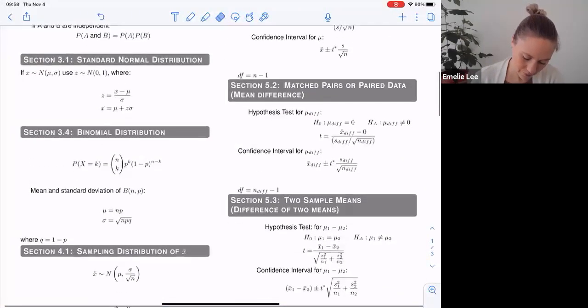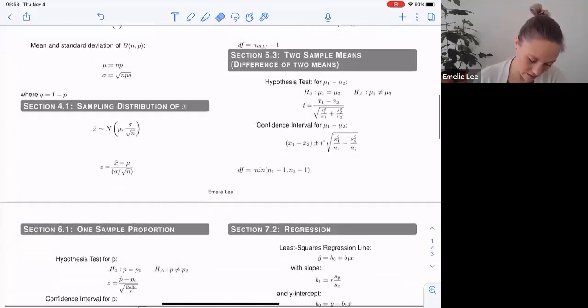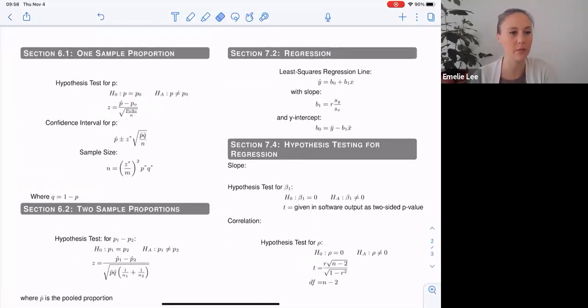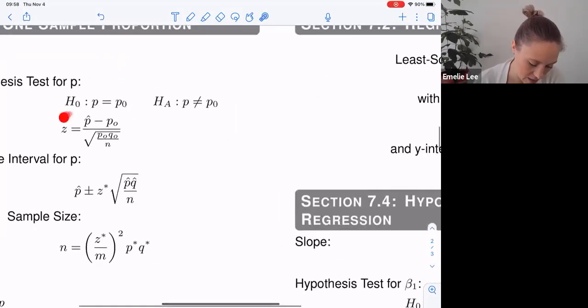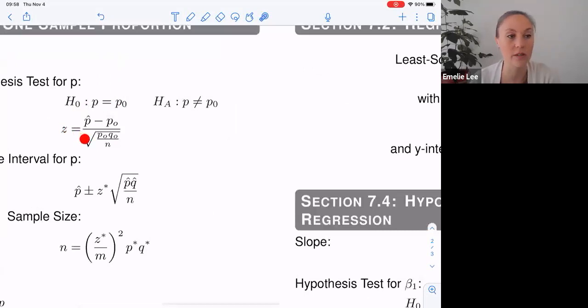The order is all screwed up on here. But if you go to the second page, you have one sample proportion, you have the hypothesis test, and it has the Z score that you're going to calculate. It also has the confidence interval.